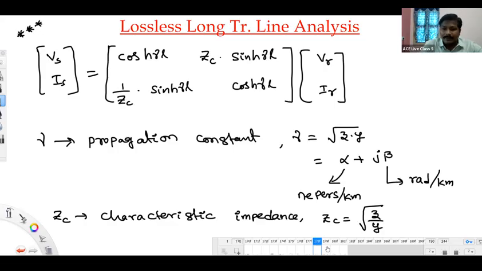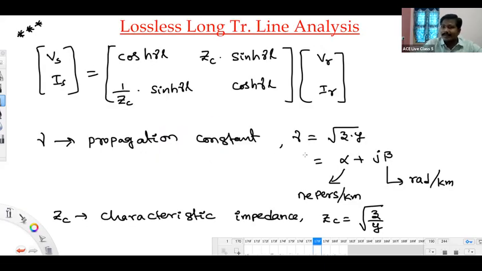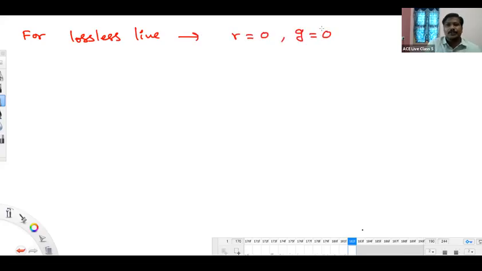So let's continue. For a lossless line, R and G values will be zero. Then we have a change in small z and small y. Accordingly, there will be a change in the propagation constant, and also a change in the characteristic impedance of the line. Let's write first. For the lossless line, resistance value was 0, conductance value is also 0.